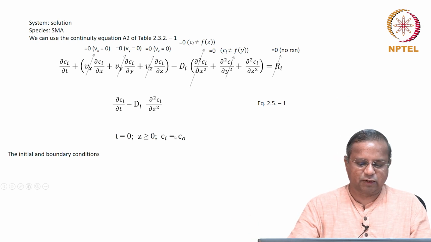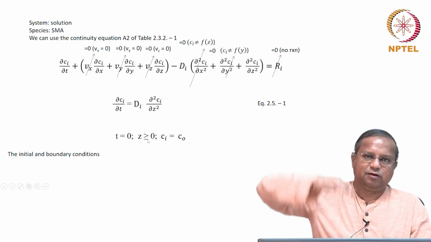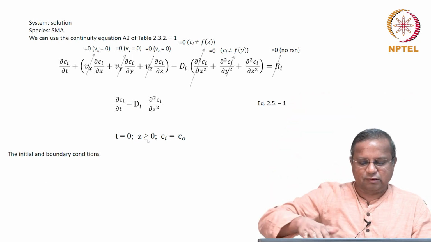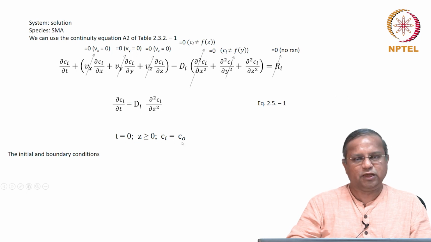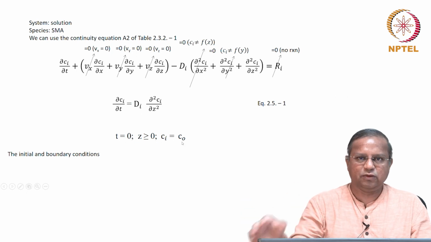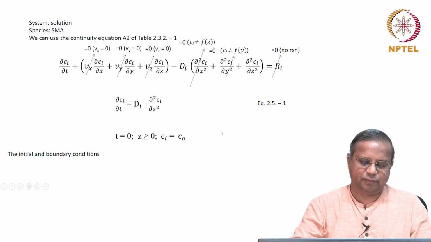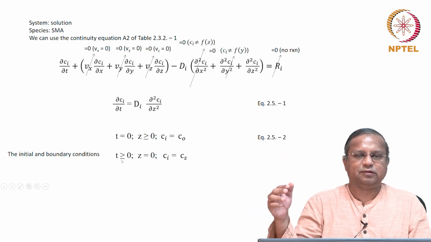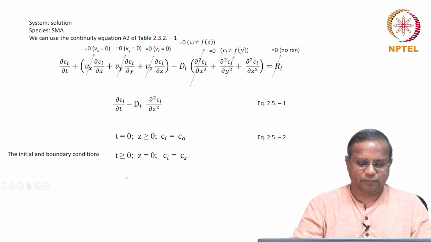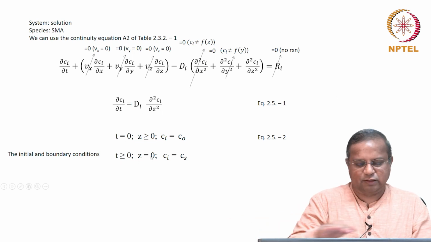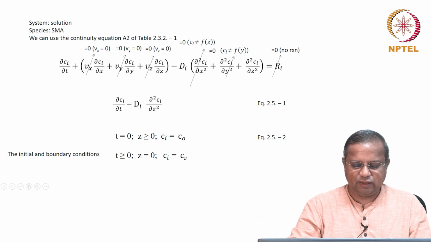So, the initial condition is something like this: at t equals 0, at z much greater than 0, far away from the surface, Ci, the concentration of the SMA in solution, equals a certain standard C0, which is the bulk concentration in the liquid. 2.5-2. Now to the boundary conditions. At all times t greater than 0, apart from the initial time point, at z equals 0 at the surface, Ci equals Cs.